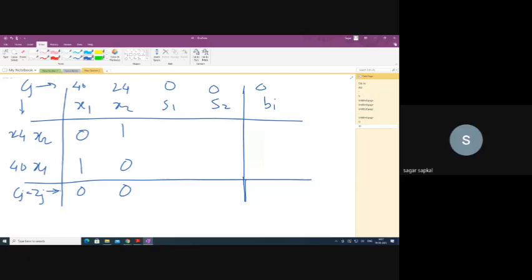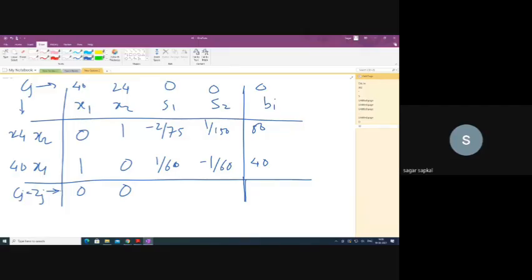Then next minus 2 by 75. Then S2 will be 1 by 150. Below S2, in front of BI it will be 80. Then 1 by 60, minus 1 by 60, and then 40.